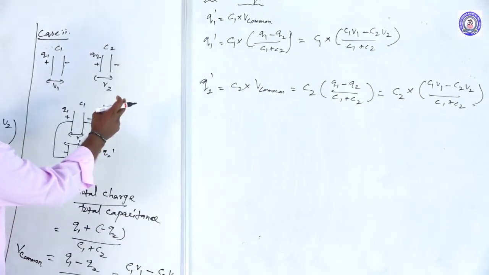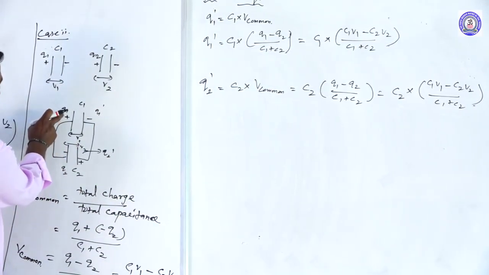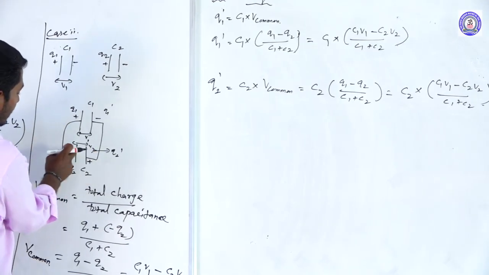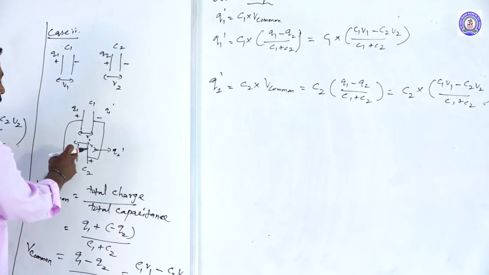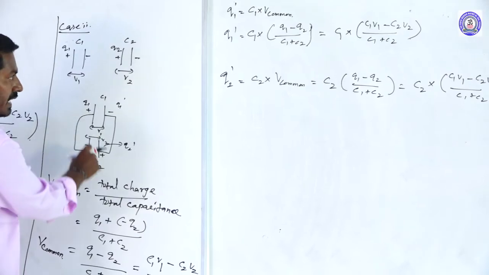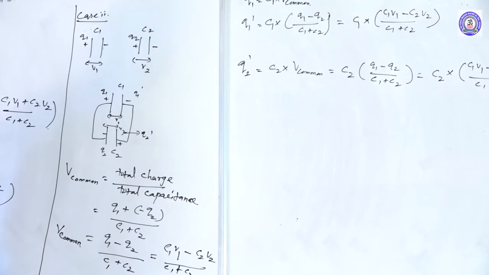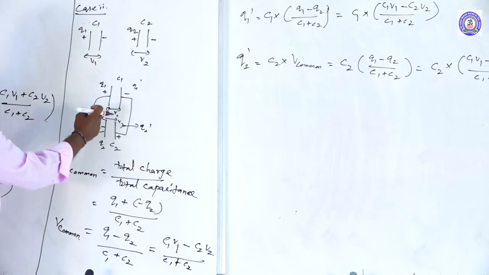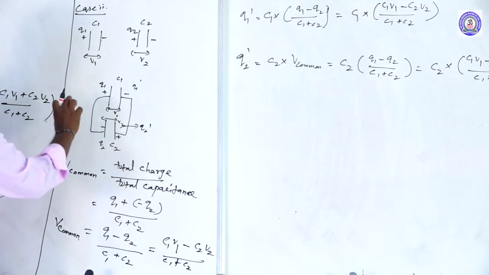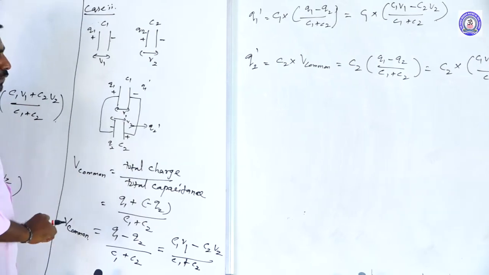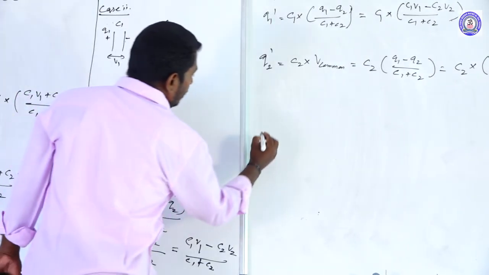So Q1 prime is the final charge of the first capacitor and Q2 prime is the final charge of the second capacitor. After distribution of charges, both capacitors attain a common potential. Then during the distribution of charges in the conducting wire, a certain amount of energy is dissipated in the form of heat in the conducting wire.